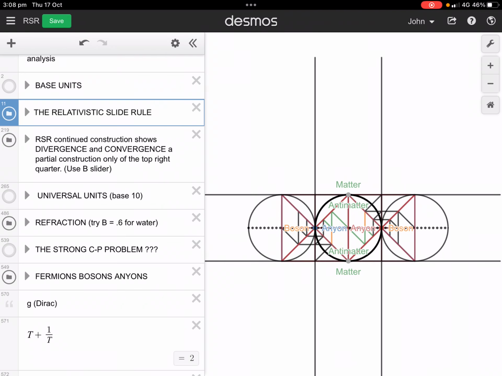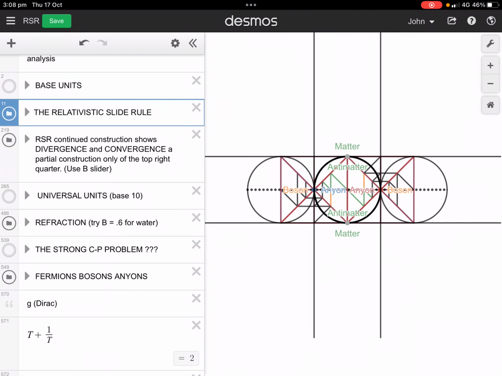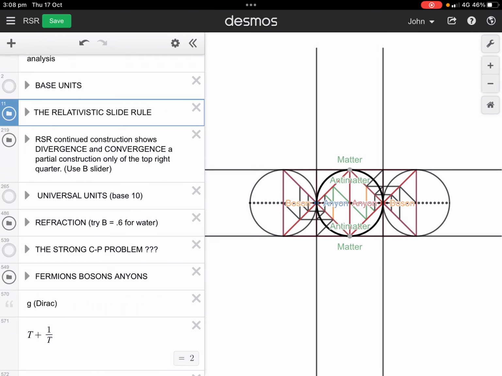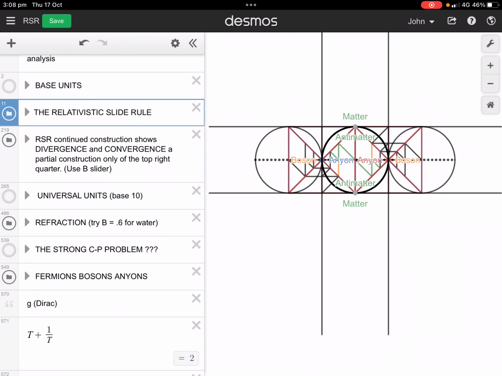So you might call that black circle a complex plane, which doesn't exist in our realm, but we need it to describe how photons move, how light waves move. So that could be i on the x-axis, j on the y-axis and k on the z-axis if you're into quaternions or something.